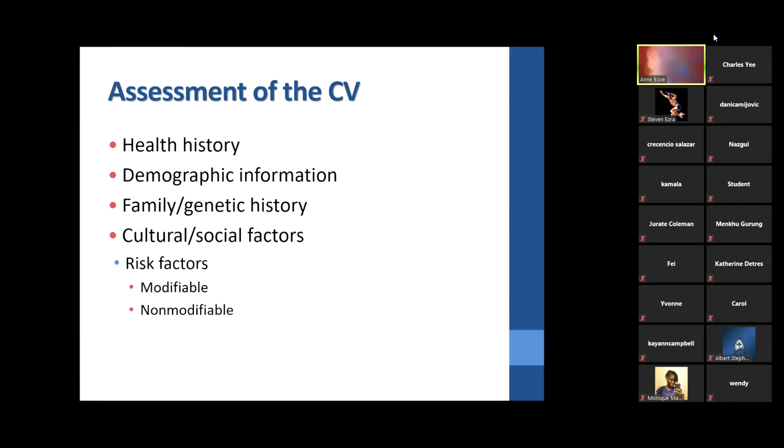You're looking at demographic information. Primarily you're looking at whether there are any contributing factors from the environment the individual is living in, family and genetic history, cultural and social factors, considering risk factors that are modifiable and non-modifiable. Modifiable: if your BMI is high, you could lose weight. What's not modifiable is your genetic history.